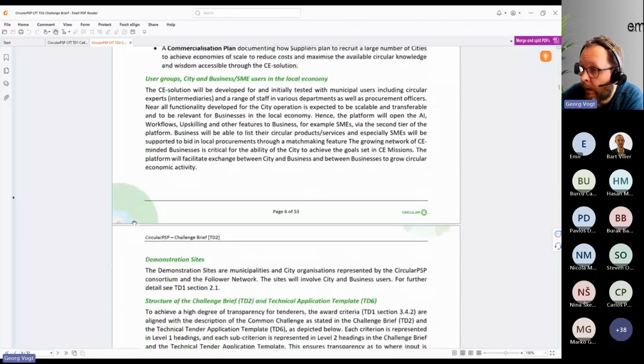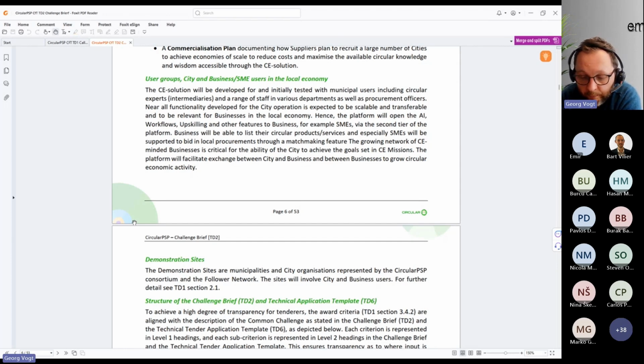The user groups are first and foremost the city users, which can be intermediaries, so experts in circular economy, or any given municipal user, but also the local economy, which means that we call it a two-tier platform: the city users will have an access and the business users will have an access.